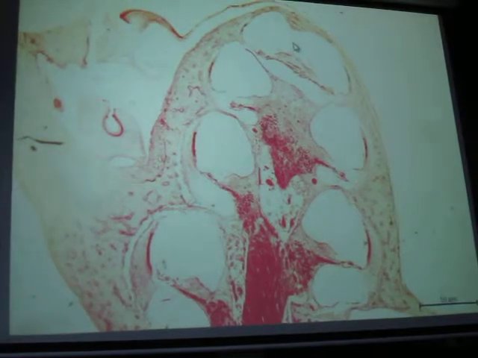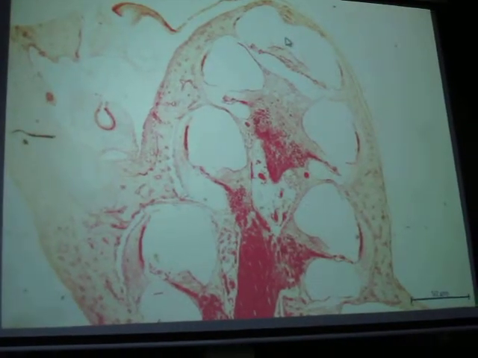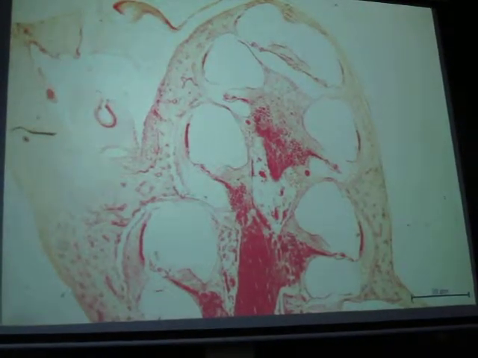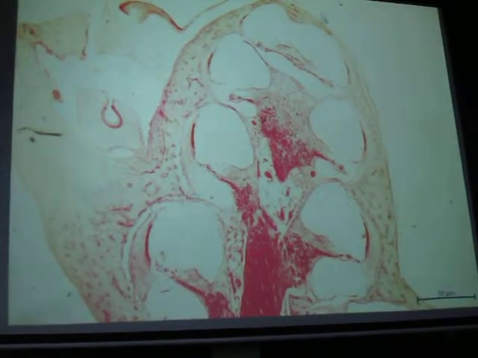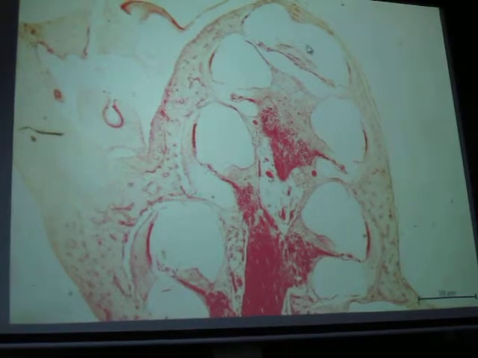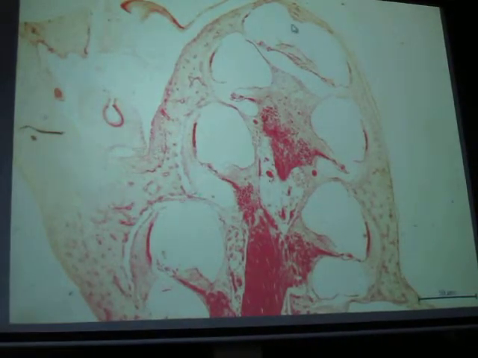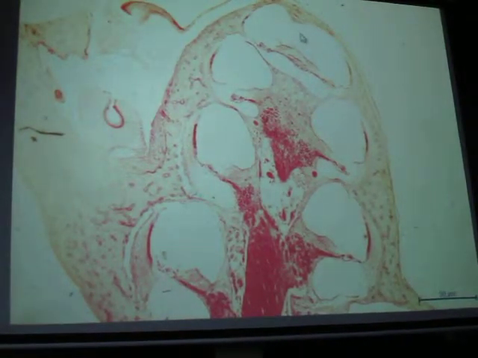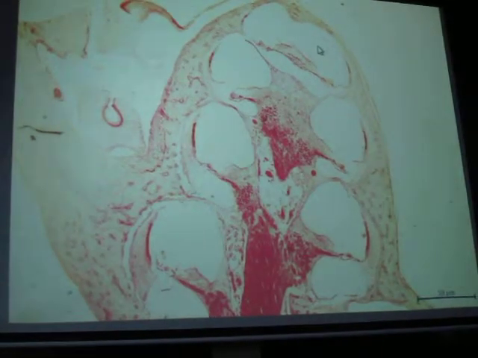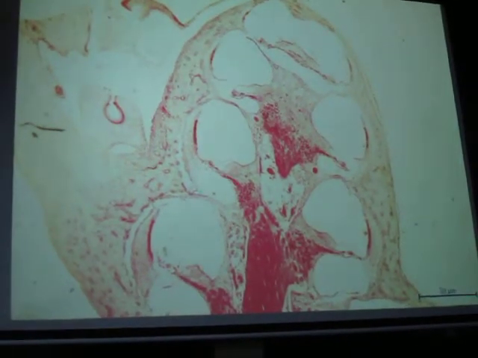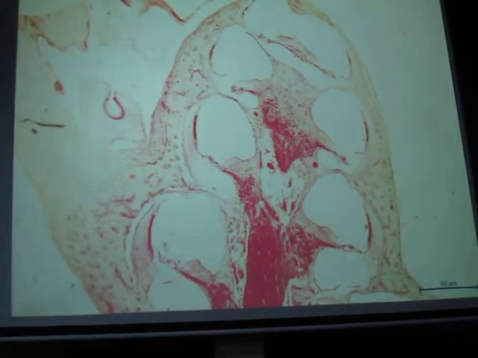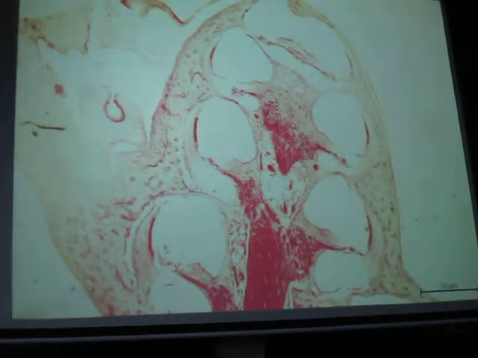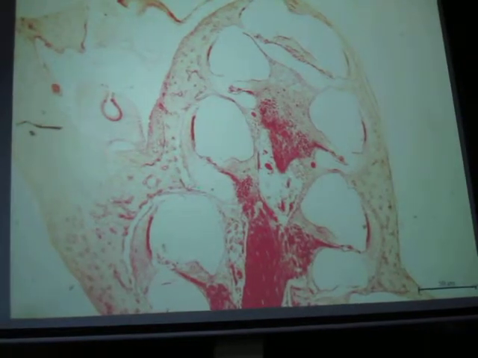What do you call that connection where the vestibuli and tympani meet? Notice here, this is just one space above, where the tympani and the vestibuli meet. Helicotrema. That's the helicotrema.